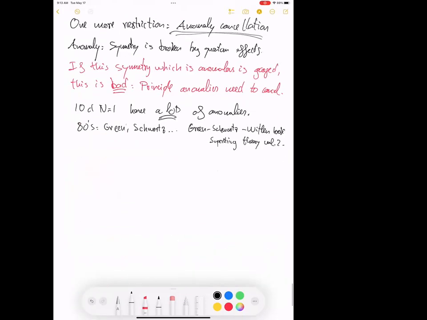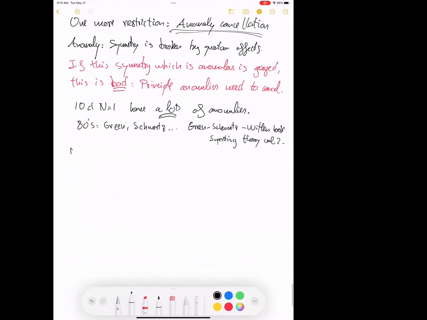So you can have a good discussion of that, but the upshot is that I told you that you could choose any gauge group G, but it's not true.